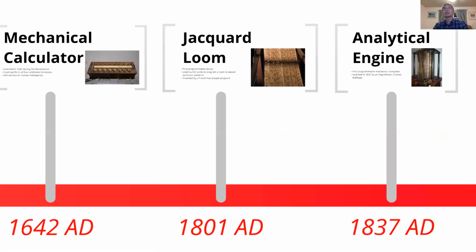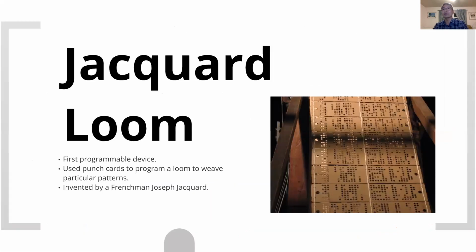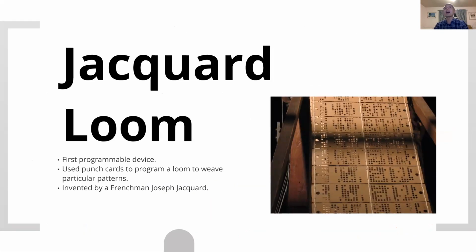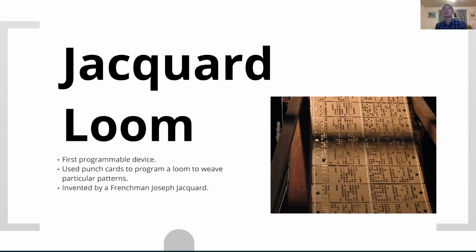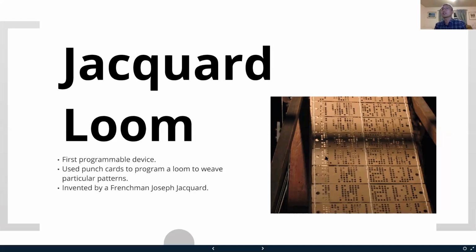Then in the 19th century, we have the Jacquard loom. The loom is something for combining threads. From that time we used such holes. What is the beauty of such holes? If we can make a hole, then we can represent what?